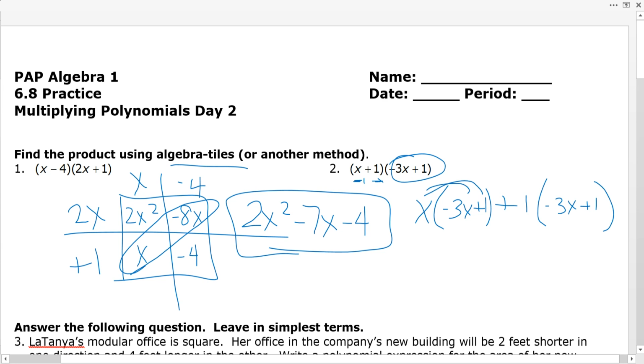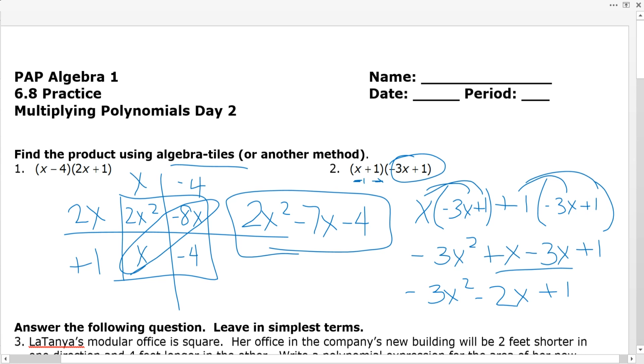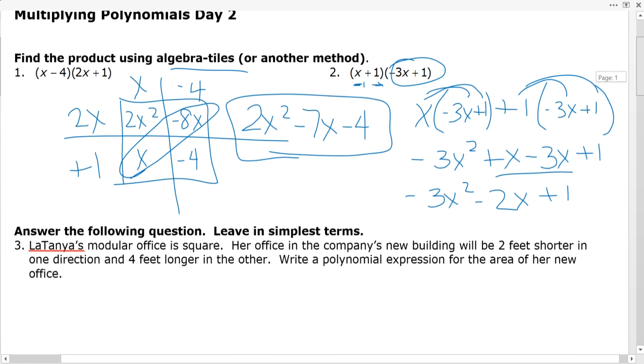So distributing, I end up with minus 3x squared plus x minus 3x plus 1 after distributing. So I put these guys together and I have negative 3x squared minus 2x plus 1. Straightforward enough, I hope.